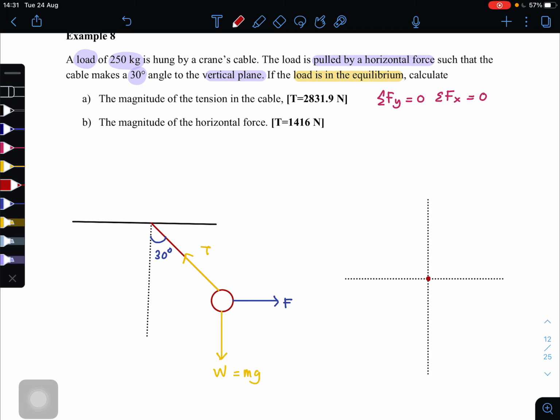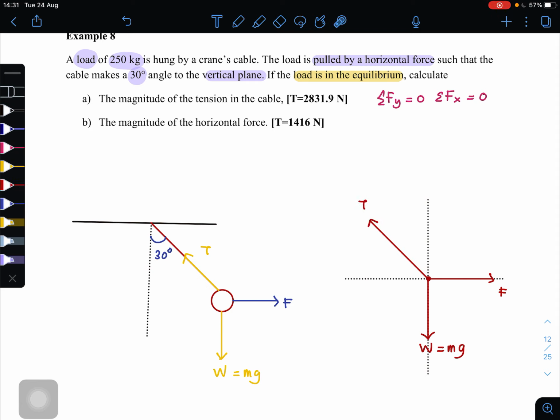Now we need to transfer this to the FBD. So this is the FBD. We start with a dot, and then we just follow. Downward is W, to the right is F, the force, and then we have here the tension.